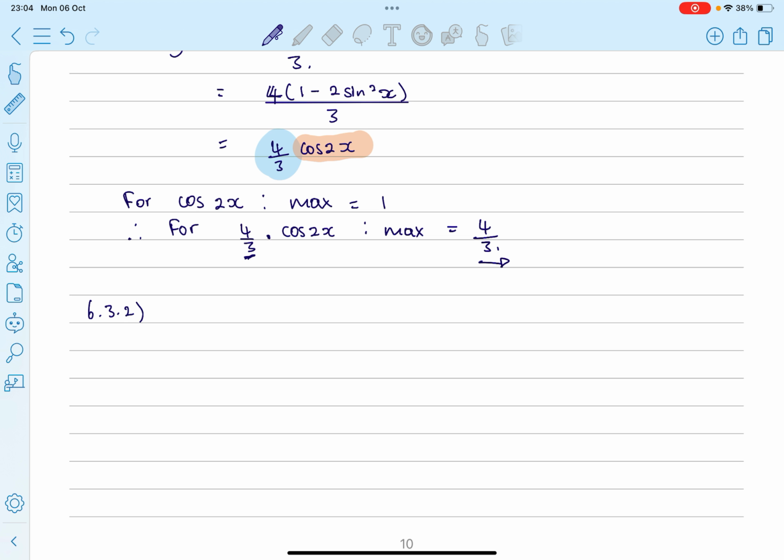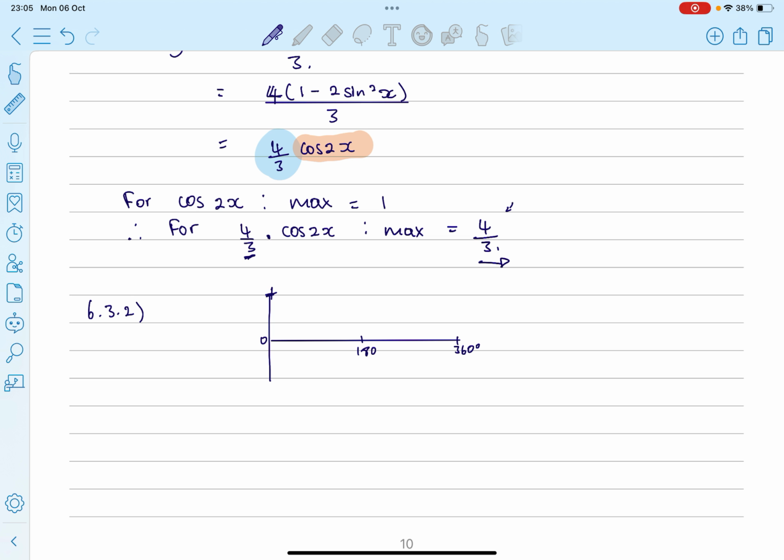6.3.2. Okay, we are looking at the function 4 over 3 cos 2x, and we said we know now that this is our maximum value. The standard cos graph looks something like this. Here's 0, 360, 180.